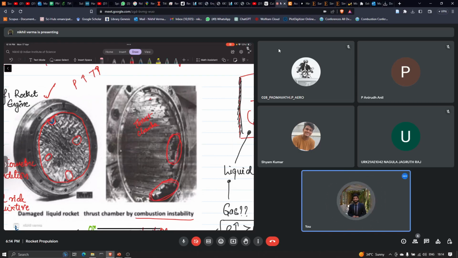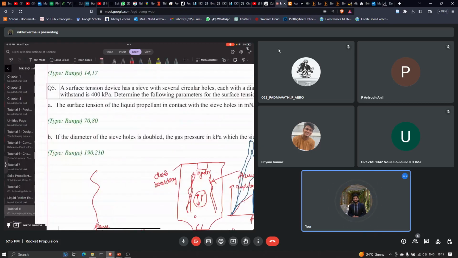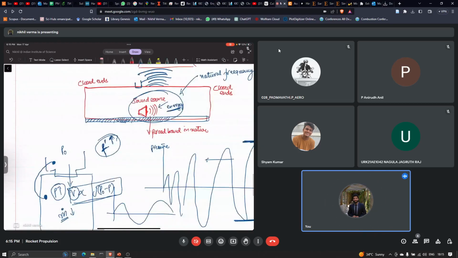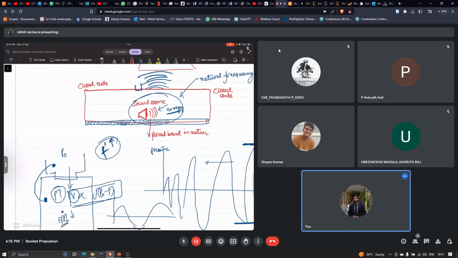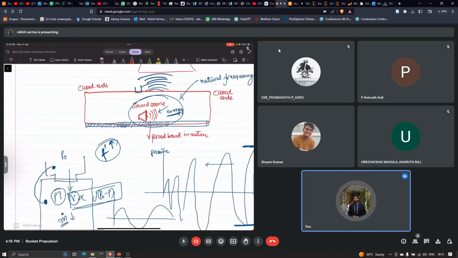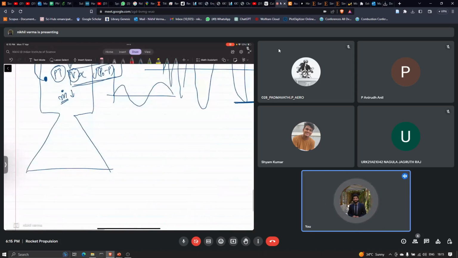So in this case, the pressure oscillation that was generated by the flame and the coupling with the combustion chamber had exceeded the structural limit of this material. This is the reason for the combustion instability.